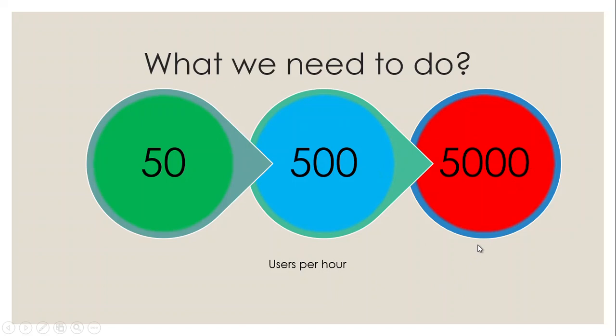Okay, so we need to check how capable a system is. Suppose we kept on increasing the load and we got to know that the system is capable of bearing up to 1000 users. Okay, so we know that the system is capable of bearing 1000 users only. So if we have to increase that user load capacity, we may need to make some changes to the system.